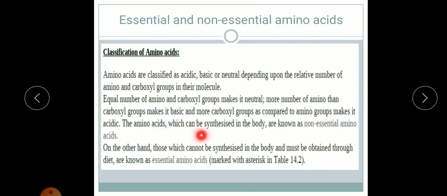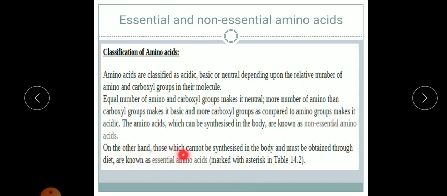The amino acids which can be synthesized in the body are known as non-essential amino acids. Our body can synthesize some amino acids. They are known as non-essential amino acids. That means there is no need to take those amino acids from outside.